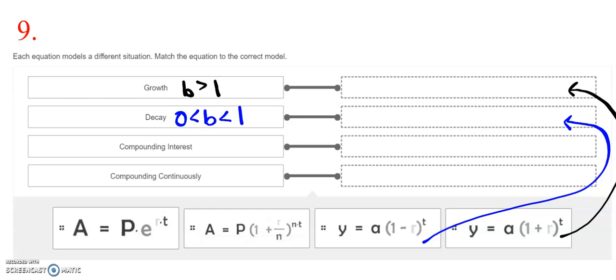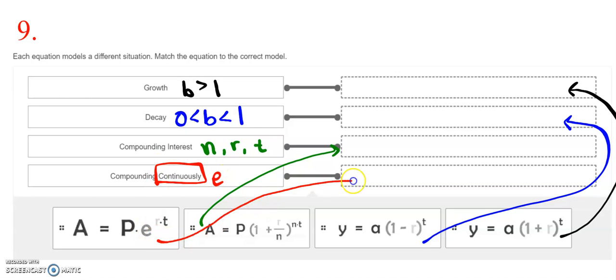Compounding interest is where we start to have things with n and r and t, so that's going to be this guy. And compounding continuously: remember when you see the word continuously, we're going to use e. So that's going to be our PERT equation. Those are all really good formulas to have on a summary sheet when you are taking a quiz or a test for this class.